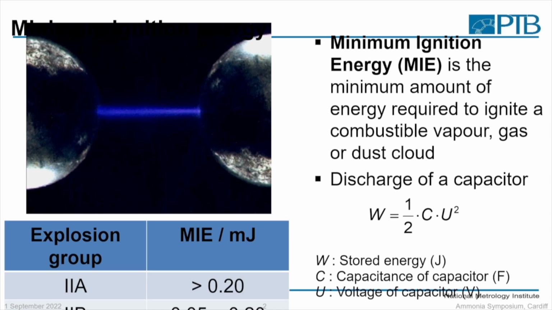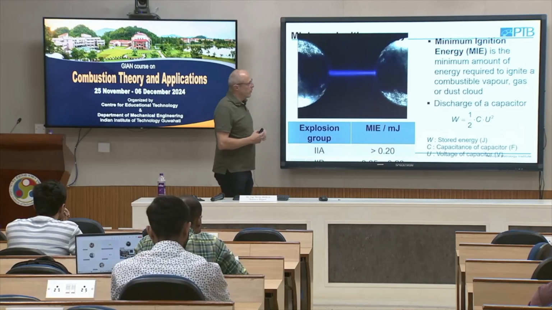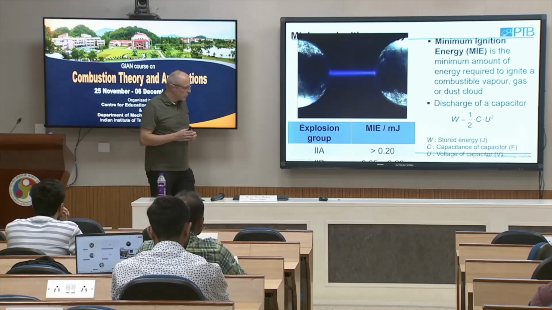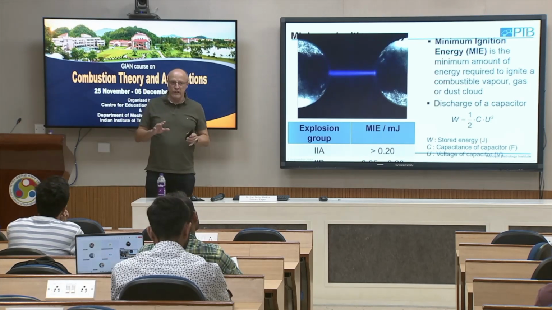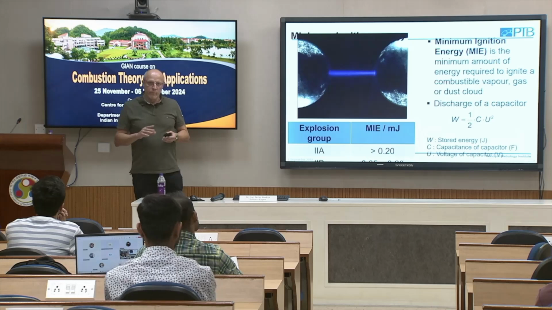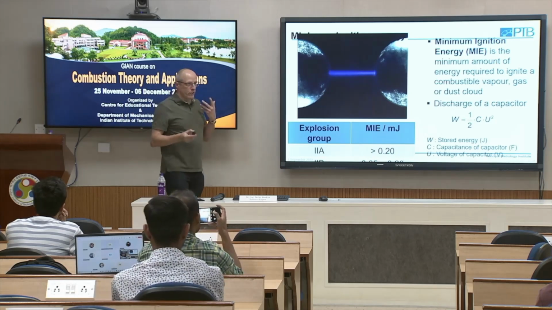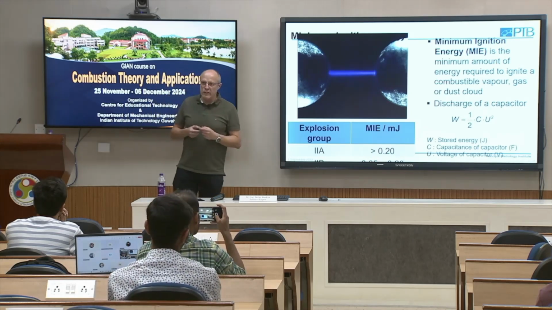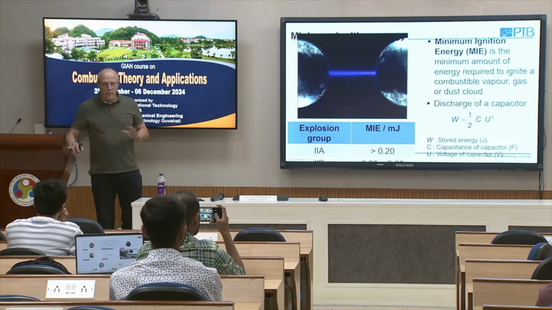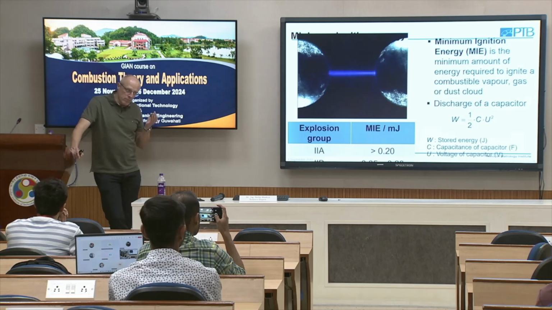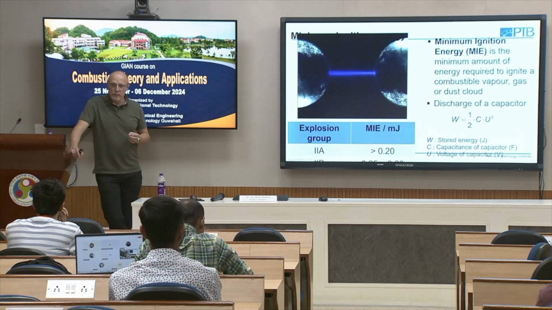So when we look at such a typical spark, normally concerning safety issues, for example, we focus only on the energy. So hydrogen has a minimum ignition energy of 17 microjoule, so a very, very low value, so it's very difficult to handle.